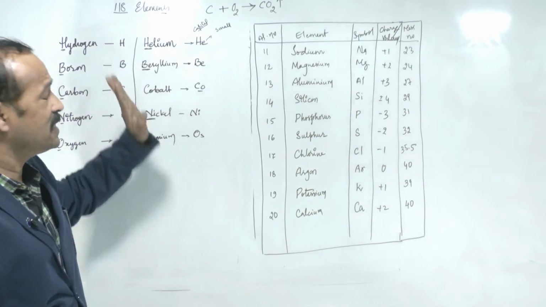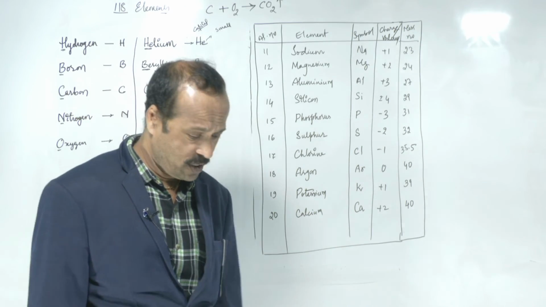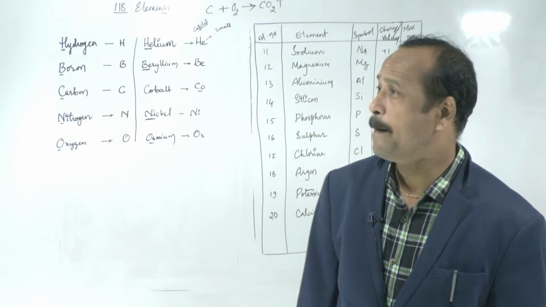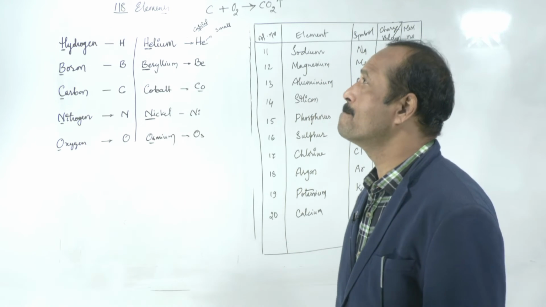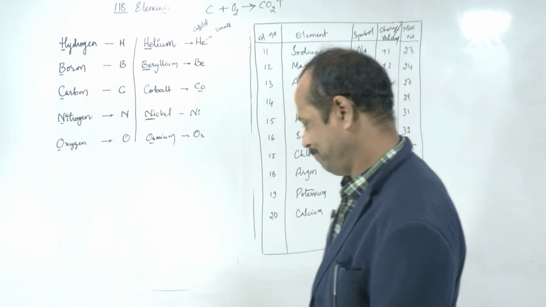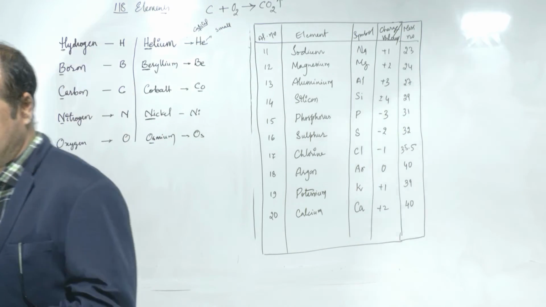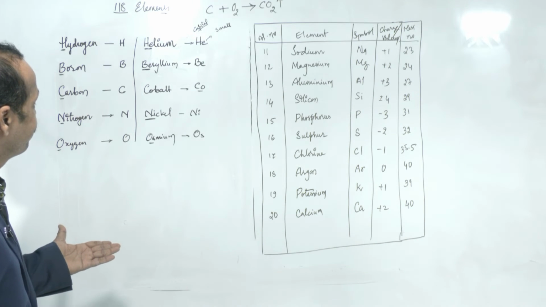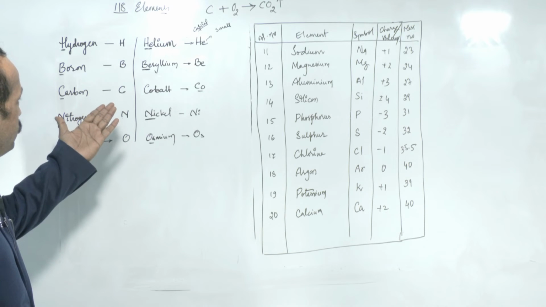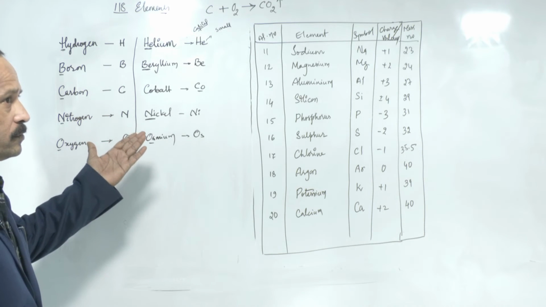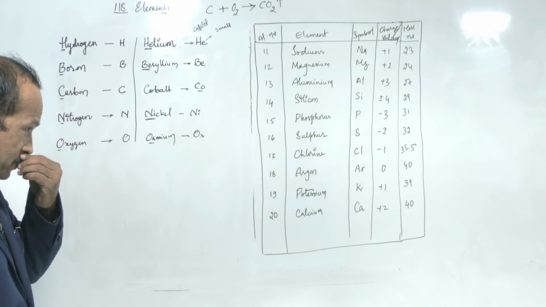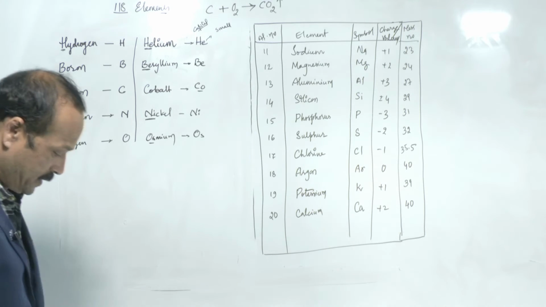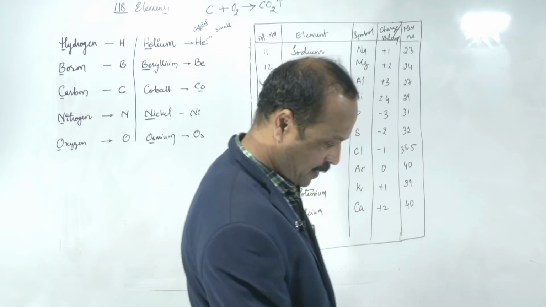So sometimes what happens, students, here the first and second letters are also given, you think, okay? For example, chlorine, bromine, silicon, phosphorus, sulfur, chromium, manganese.